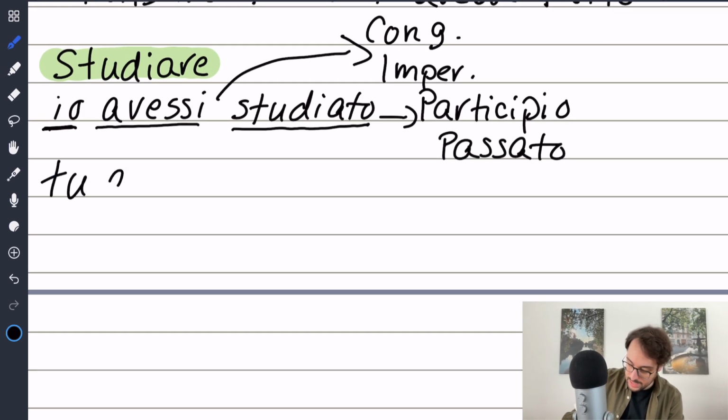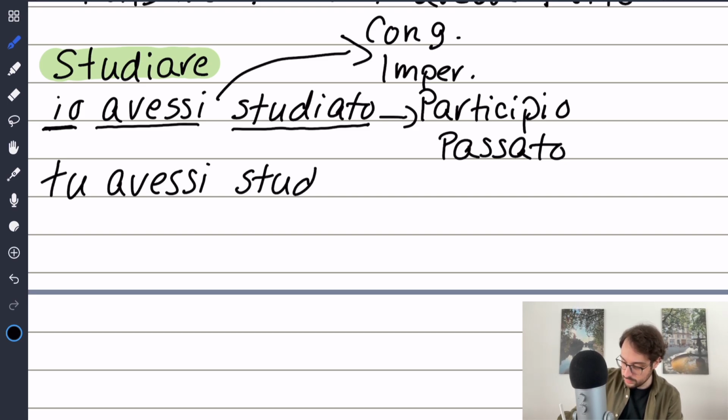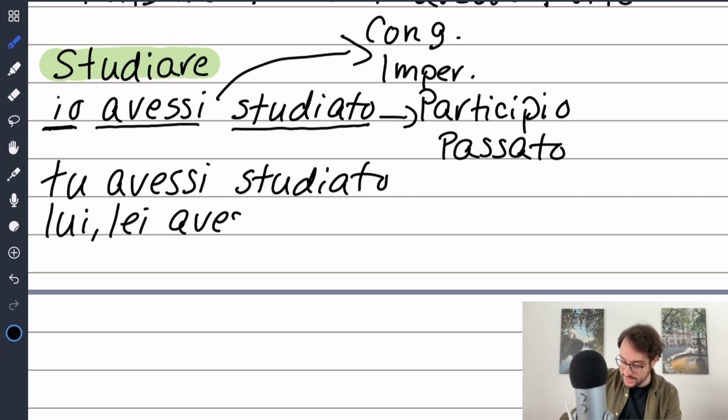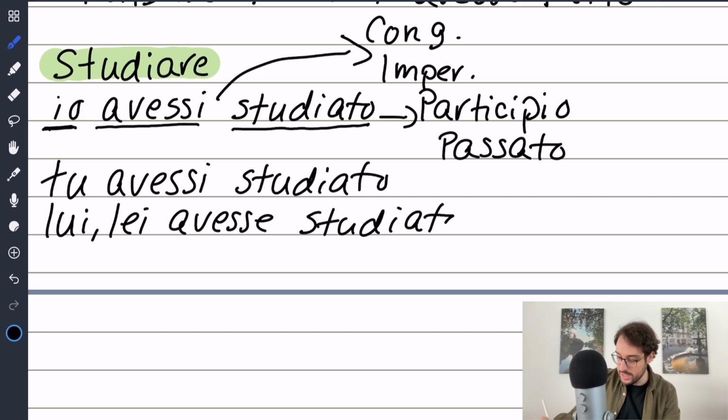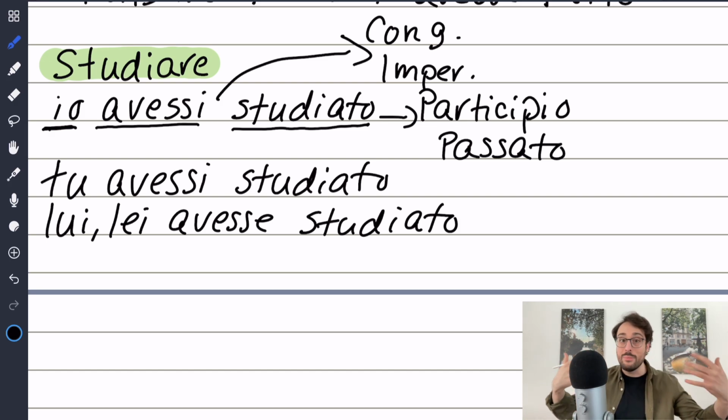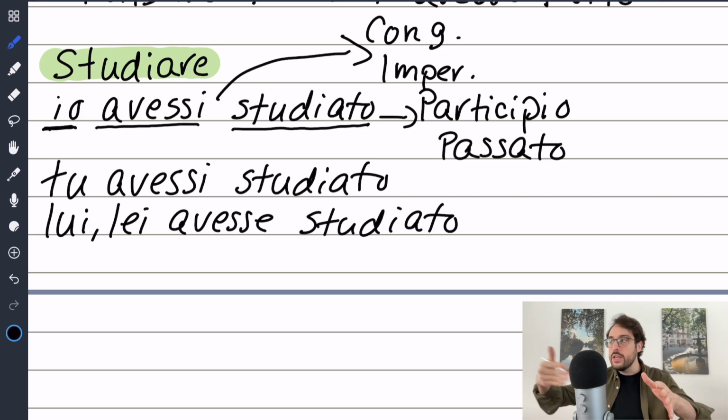Tu avessi studiato. Nice. You had studied is what that means. Lui, lei, avesse studiato. He or she had studied, and it would mean had studied when you're building it up first with one of those trigger phrases like pensavo che. I thought he or she had studied.